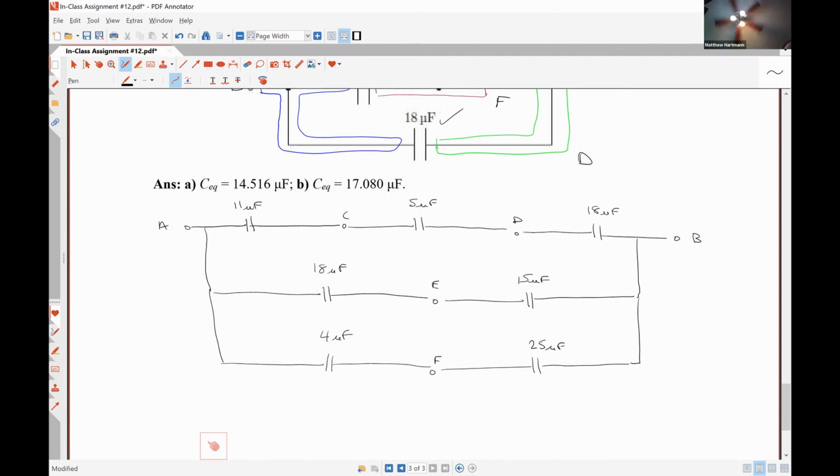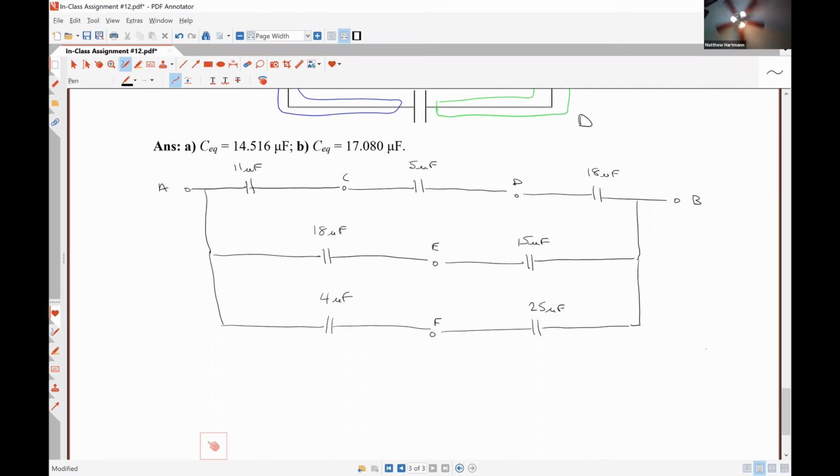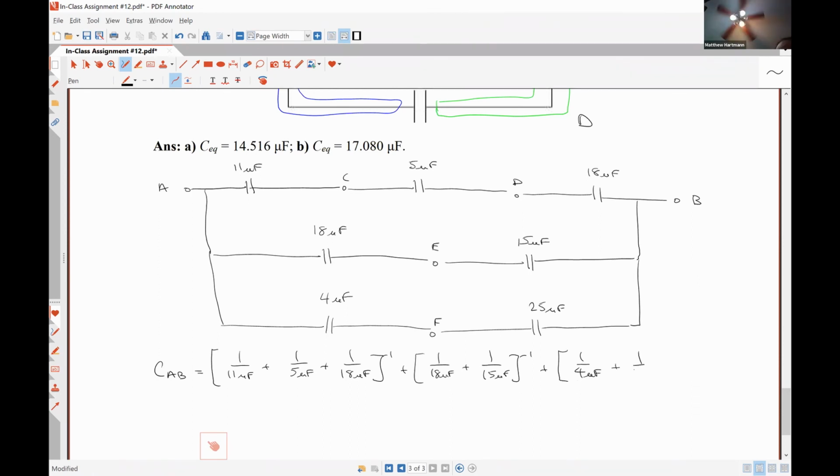So this is going to be CAB is going to be 1 over 11 microfarads plus 1 over 5 plus 1 over 18 plus 1 over 18 plus 1 over 15 plus 1 over 4 plus 1 over 25.